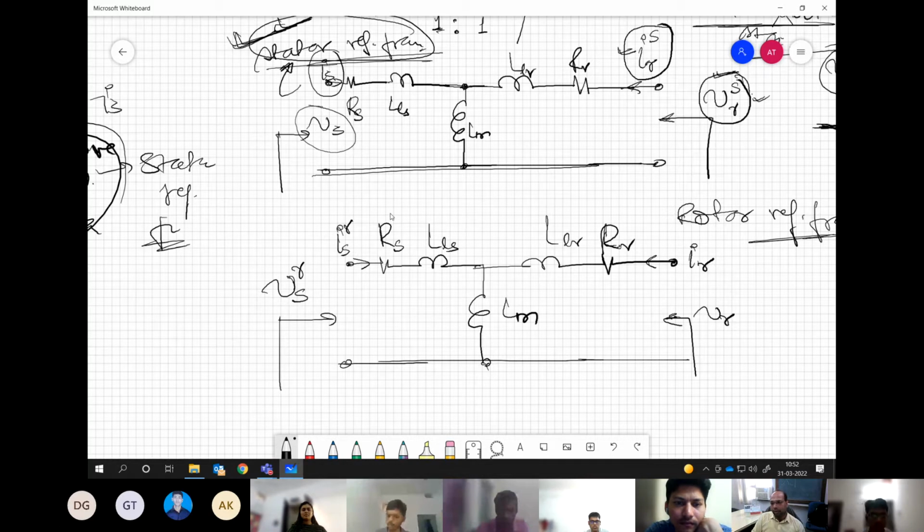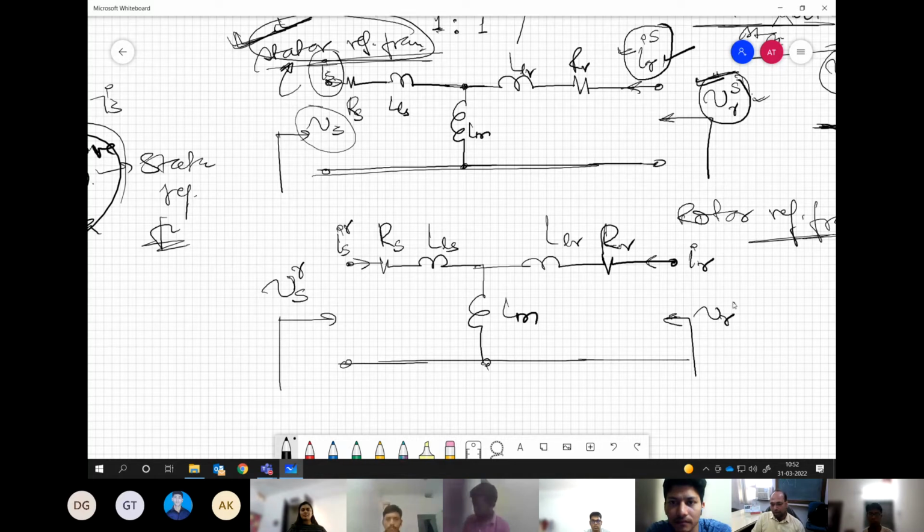Whenever the quantity is referred in any reference frame other than its native, then I have a superscript. There can be only one native reference frame for a quantity, right? You cannot say something has two native reference frames. That's not possible.